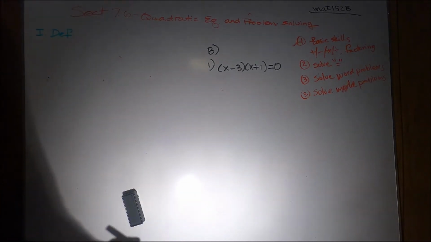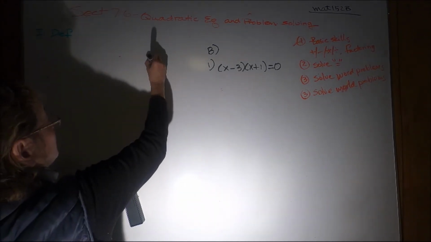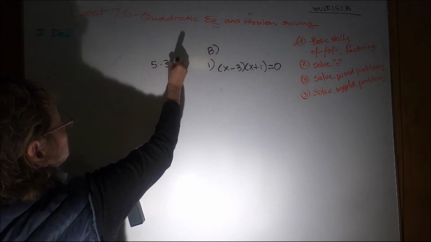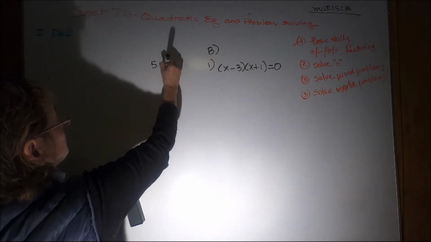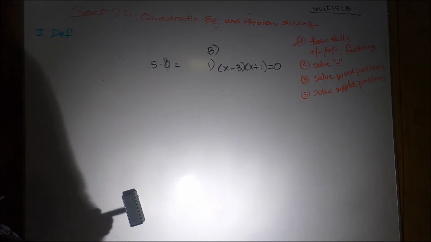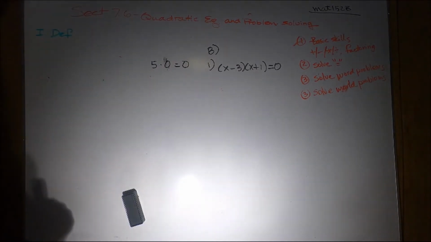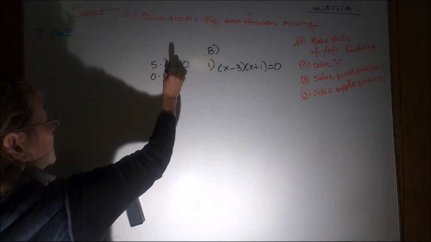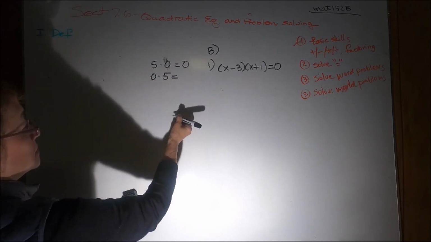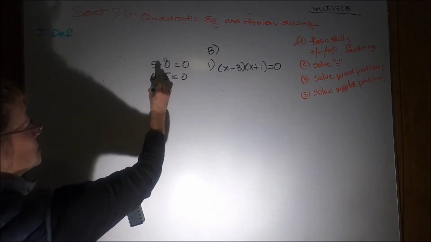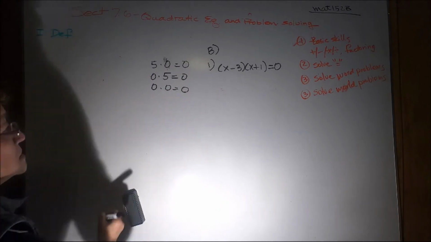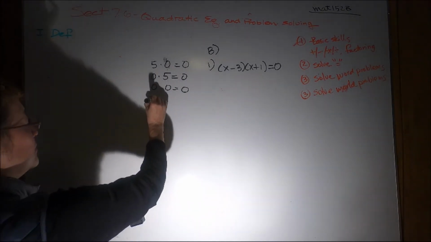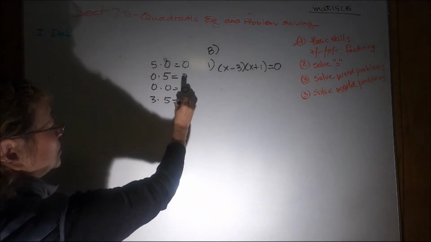However, let's take a look. If I have 5 times 0, what do I have? 0, right? 0 times 5, it would be what? 0. 0 times 0 would be what? 0.